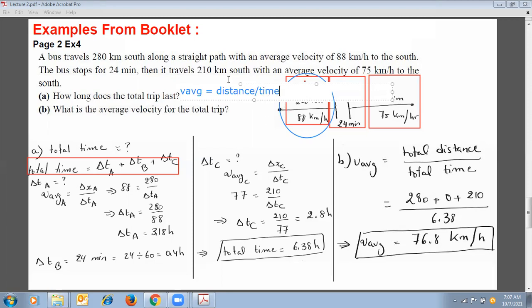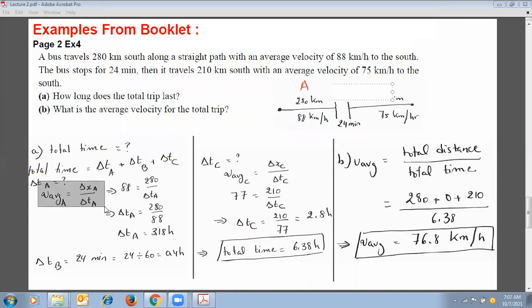Now I have the distance, so V average is delta X over delta T.